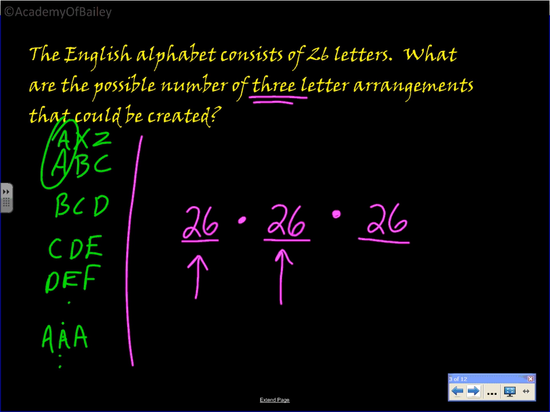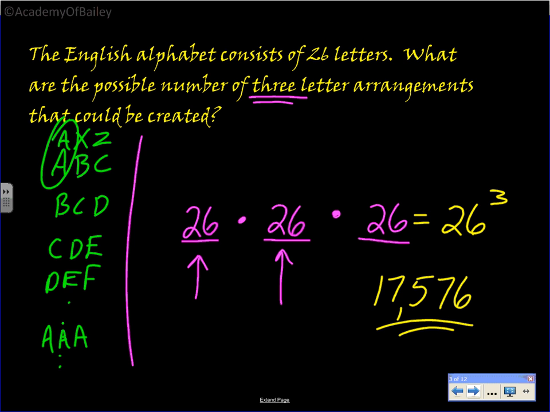I believe when you multiply those out, you should get 17,576 different ways to arrange 3 letters. So that is the number of 3-letter arrangements that you will have. Remember, 26 times 26 times 26 is also 26 cubed. That might save you some button pushing in your calculator.